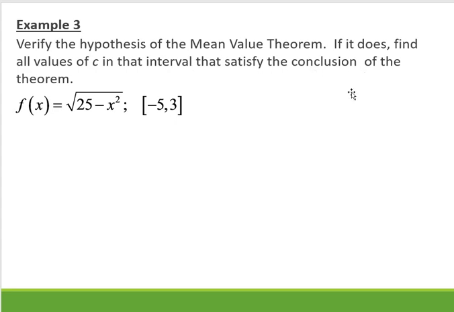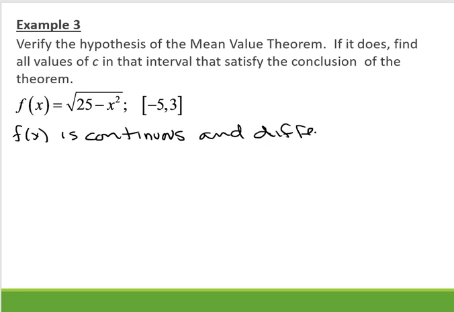F of x is continuous and differentiable on our interval. I'm going to use parentheses because continuity is inclusive, differentiability is in parentheses. I should probably break those out. I'm not going to. Okay.